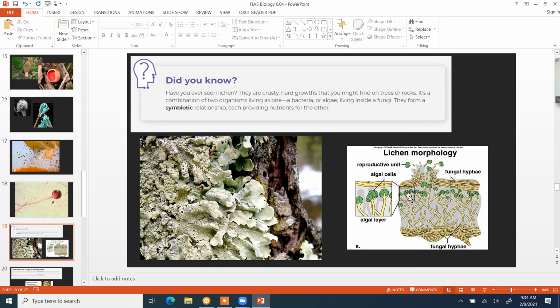So the fungi and algae basically work together. All right, so this is called a lichen. If it benefits both organisms, this is called mutualism. So lichen is a mutualistic kind of organism. It helps both the algae and the fungus.